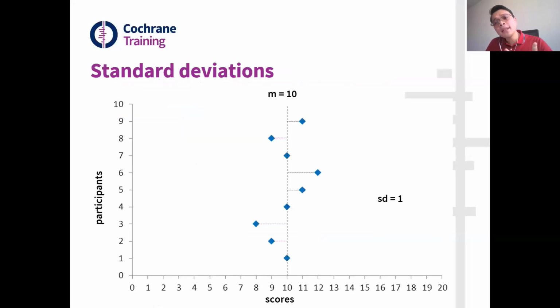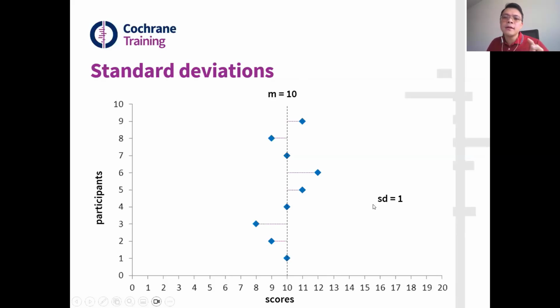And just to illustrate why it's important for us to also include the standard deviation when summarizing continuous data. For example, here we have a group of participants and their individual scores represented by the blue diamonds on a continuous scale ranging from 0 to 20. The average score in this group is 10 with a standard deviation of 1.